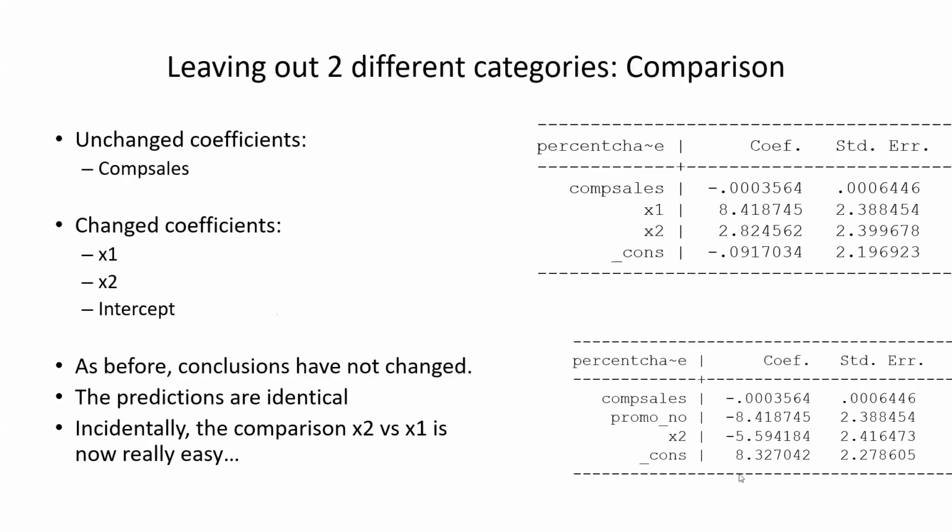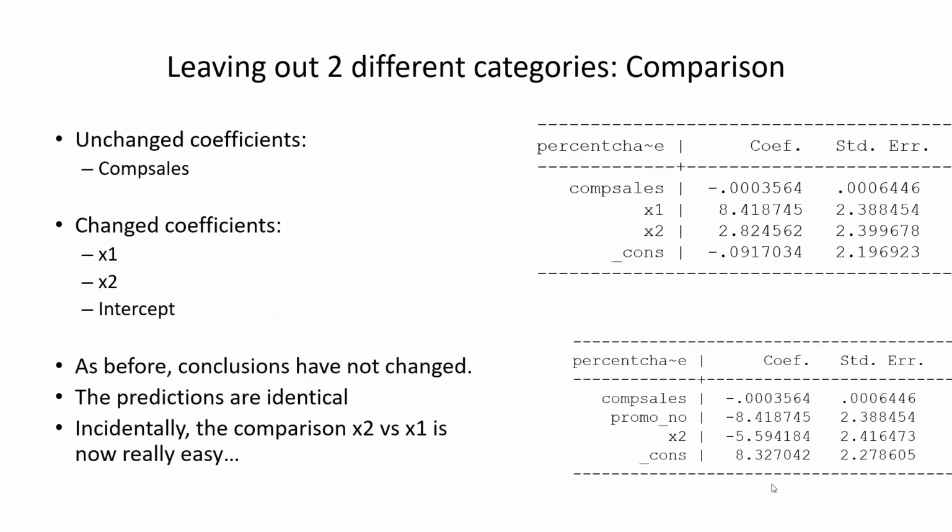Now the values show up a little bit here. Similar values show up because here I have 8.41 and here I have minus 8.41. And if you think about it a little harder, it has to be such that you get the same interpretation from the model, right? So it is not a surprise that the numbers show up in slightly different combinations here.